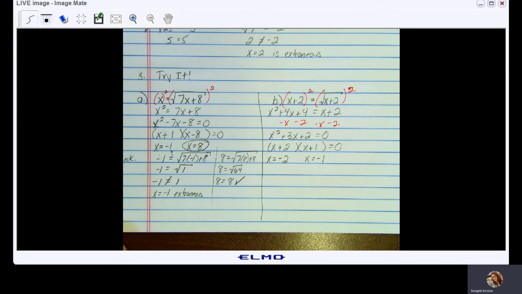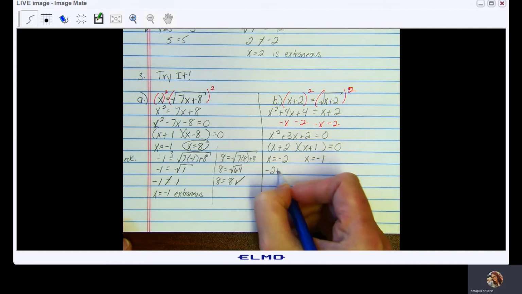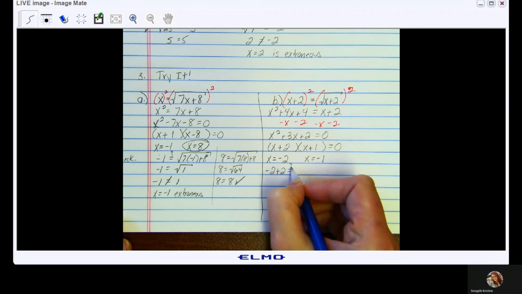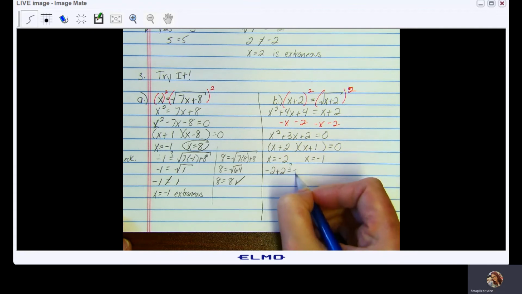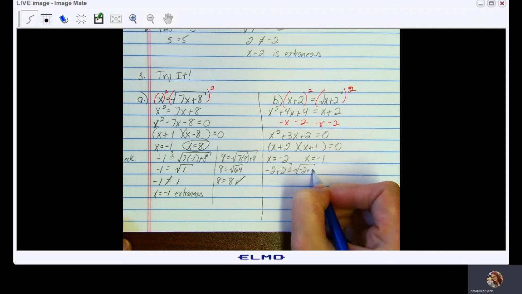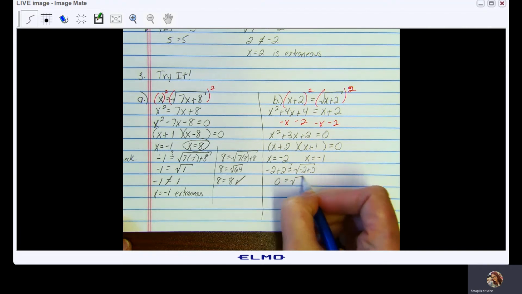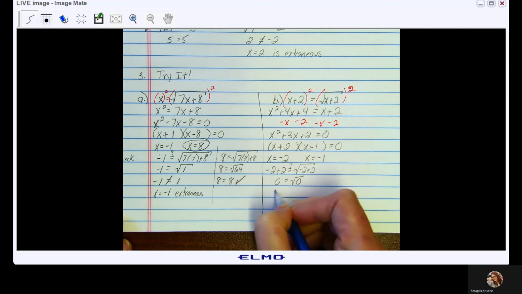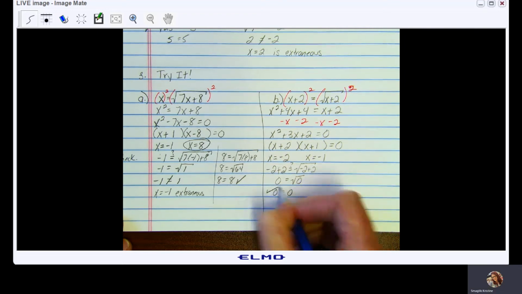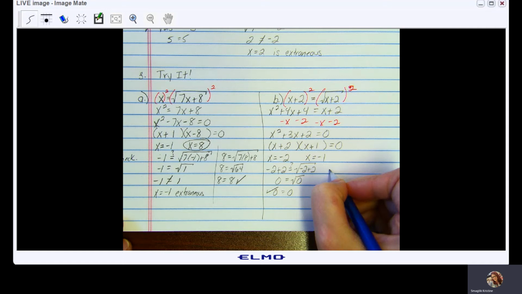Now let's check these. Negative 2 plus 2, does that equal the square root of negative 2 plus 2? So does 0 equal the square root of 0? Well, yes, it does. That one is good. x equals negative 1.